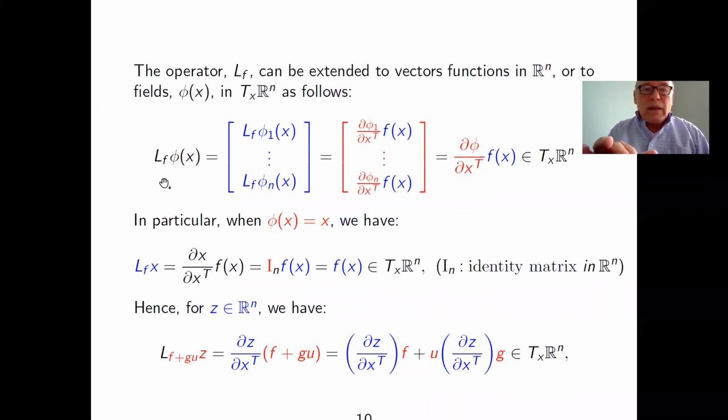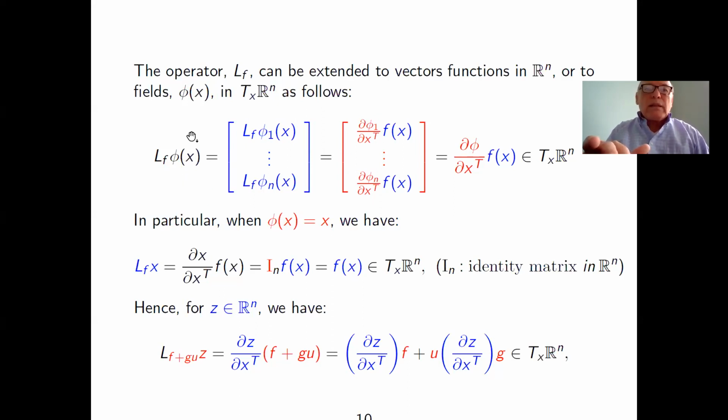So the directional derivative of a vector function in the direction of a vector f is just the collection of directional derivatives of the scalar components of the vector function in the direction of f. And we will denote this simply by L_f of phi, where phi will be clear from the context to be a vector function.